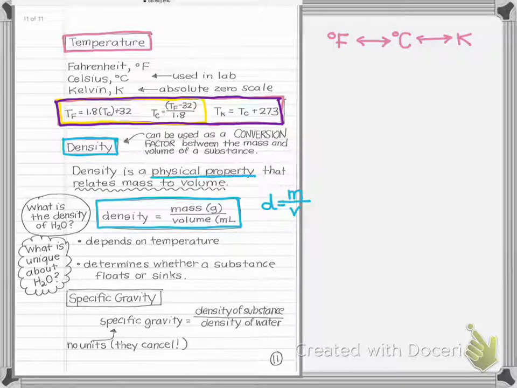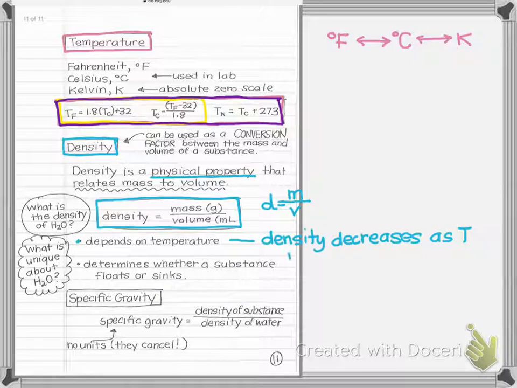Now, a few things about density is that it depends on temperature. So you see here it depends on temperature. Why it depends on temperature is because volume changes with temperature. As we heat something up, it expands. So in general, if the volume, the denominator, is expanding, in general, density decreases as the temperature increases.